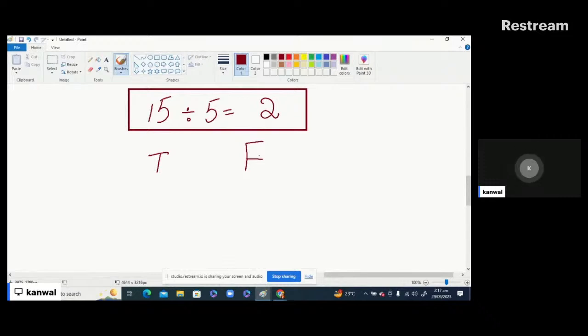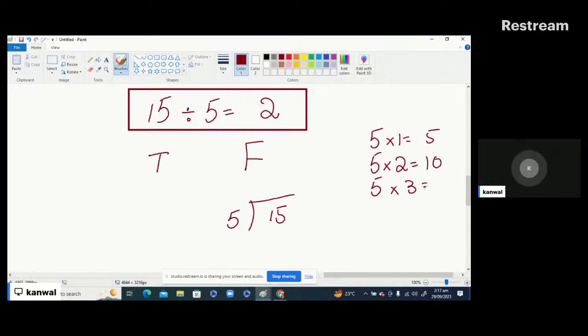So we just check whether this statement is true. Let's check. Here 15 is inside, 5 is outside. So let's write the table of 5. 5 times 1 is 5, 5 times 2 is 10, 5 times 3 is 15.